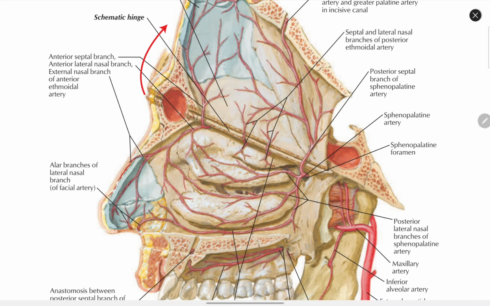The veins form a plexus which drains anteriorly into the facial vein. That facial vein will drain into the pharyngeal venous plexus, whereas the middle part drains to the pterygoid venous plexus.